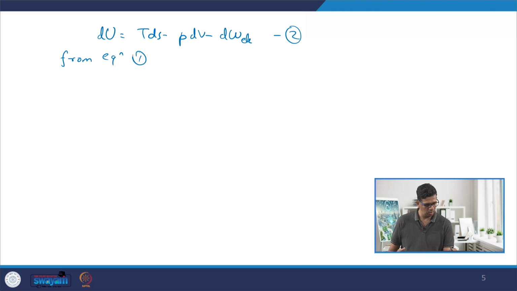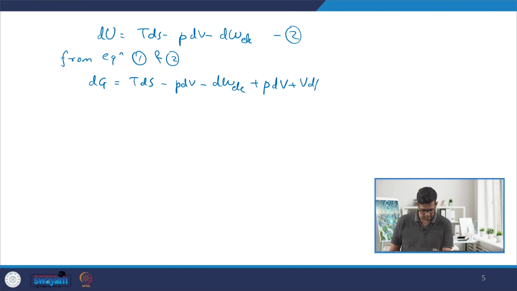From equations 1 and 2, let's substitute for the Gibbs free energy change. Then we have TdS minus PdV minus dW electrical plus PdV plus VdP minus TdS minus SdT.